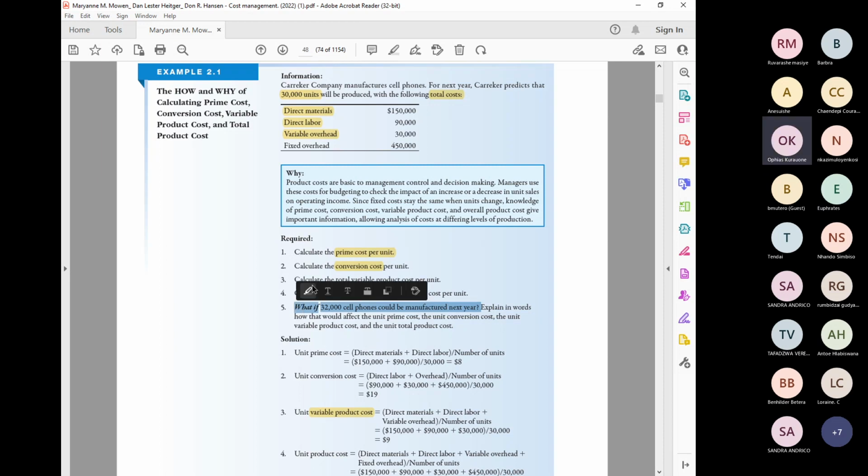So what you do, like what I said, explain ways how to affect the unit prime cost, the unit conversion cost, the unit variable cost, and the unit total production cost. In this situation, what does this mean? It means this 32,000 is an increase from 30,000. So what's going to happen to the prime cost? Who can explain for us?